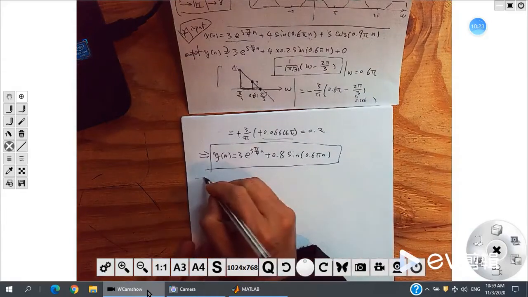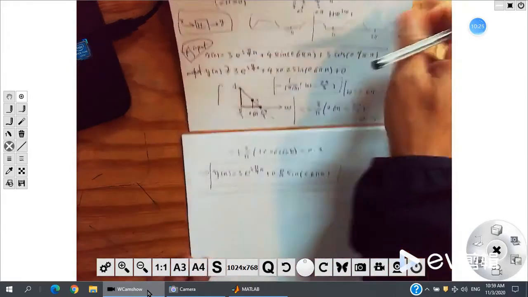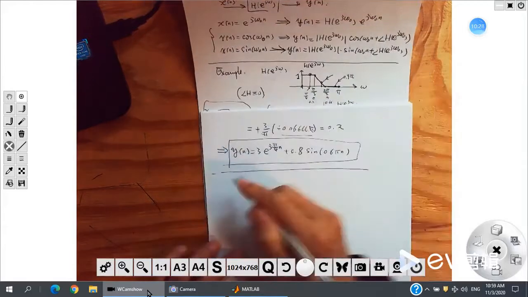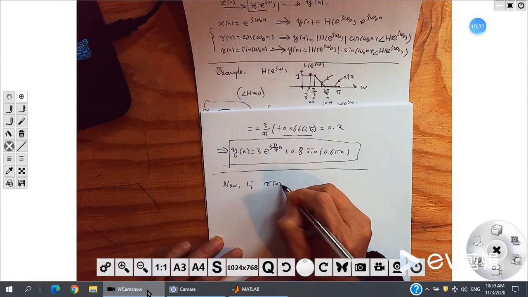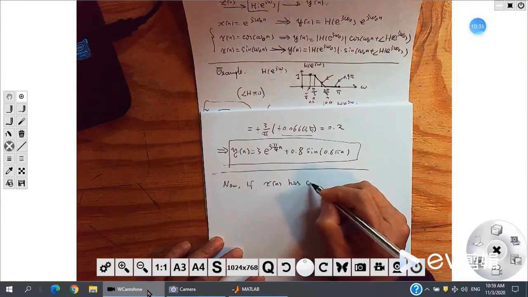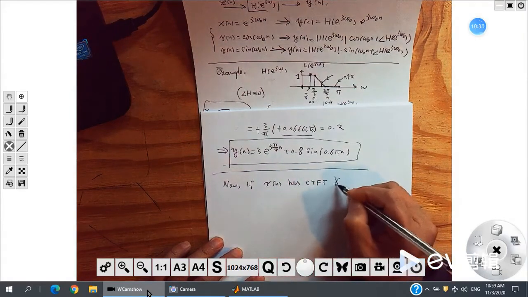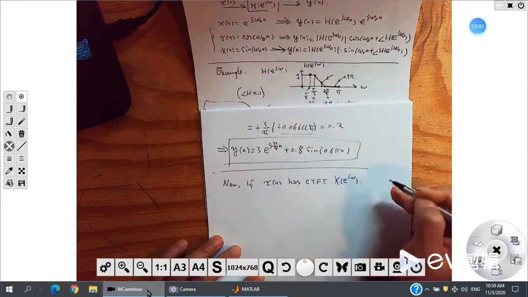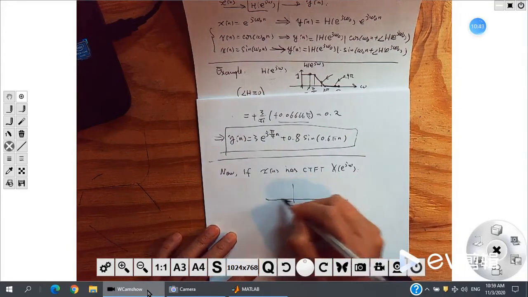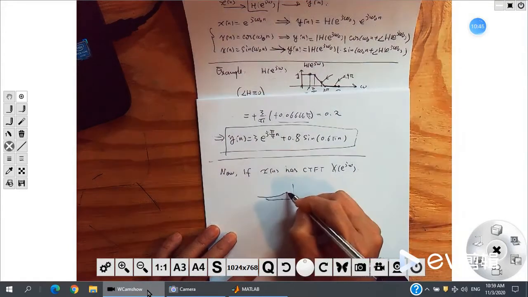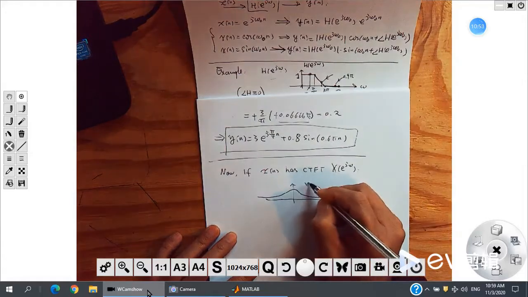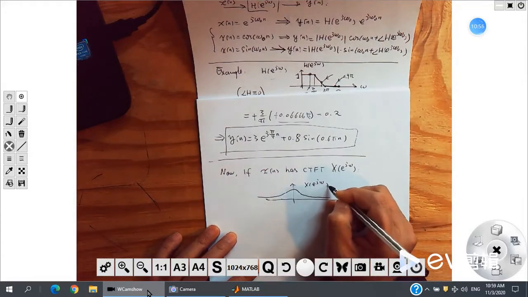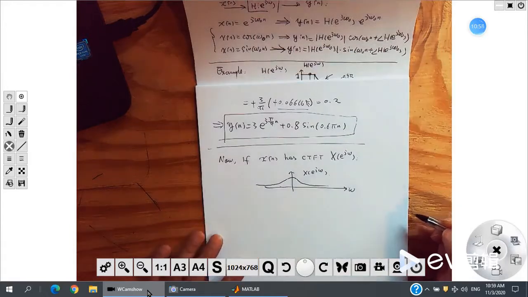And I still use this system. Now, if x of n has a CTFT capital X of e to the j omega that looks like this, this is omega, and this is X of e^j omega, then what will happen?